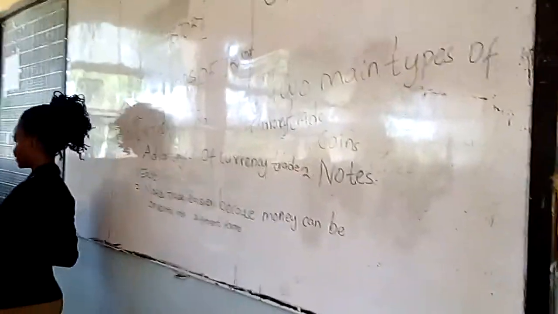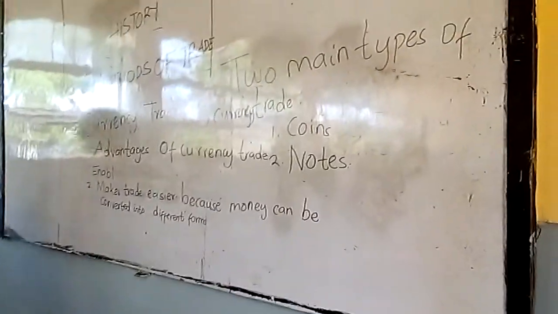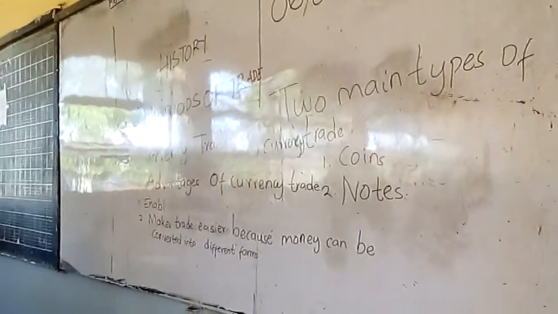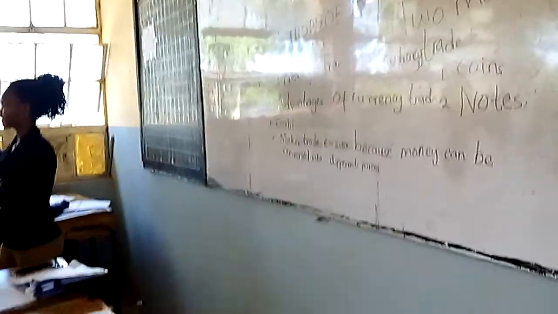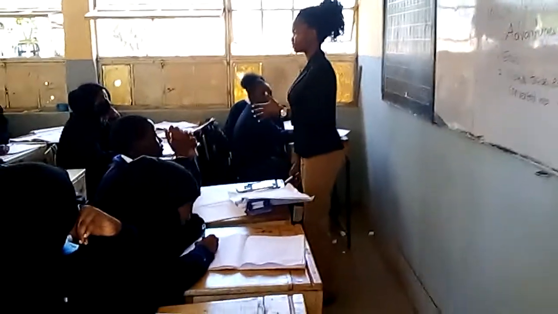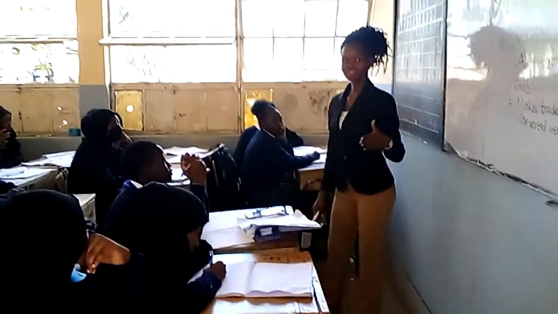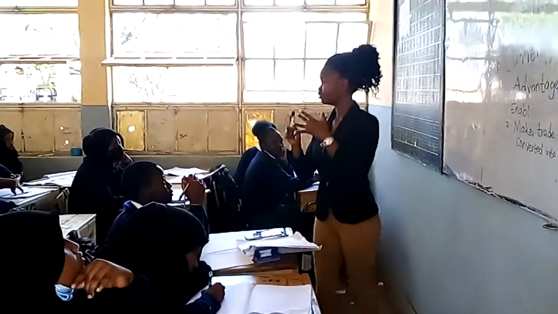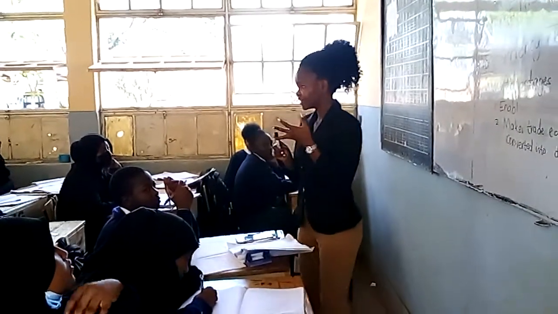For example, when you have 1,000, you can buy a commodity that maybe costs 500, and you can still remain with your 500. So there are various forms. Just like we have said, we have coins and notes. We have 100 shillings note, 200 shillings note.